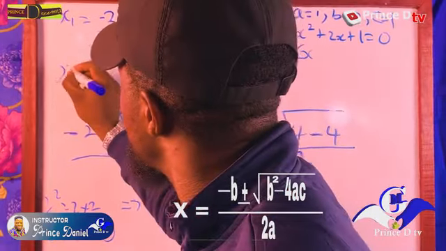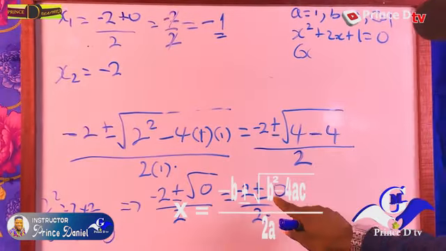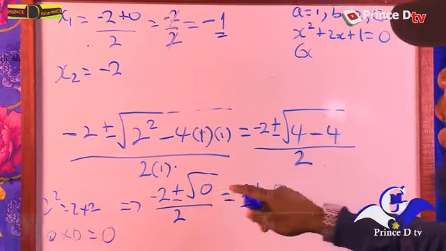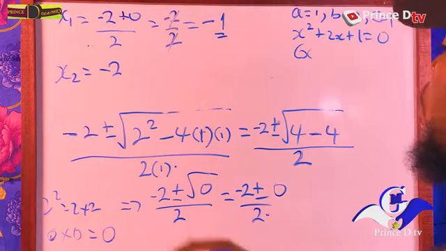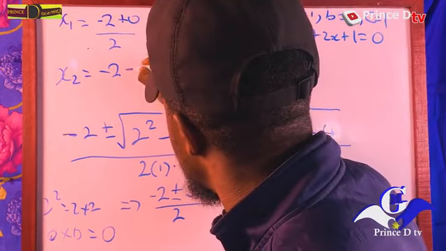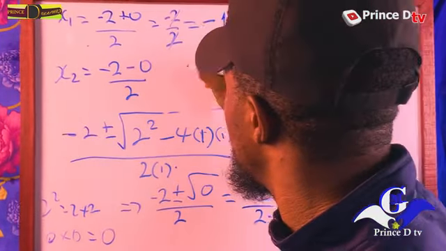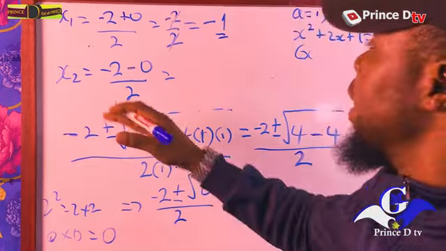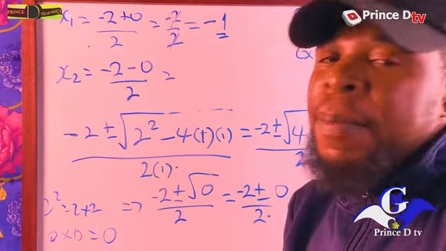Now our x2 will be equal to negative 2. Now we are taking the negative part. Remember the formula says plus or minus. We are done with the positive part, and now we have the negative part, minus 0 all over 2. So this is equal to negative 2, since you are subtracting absolutely nothing.